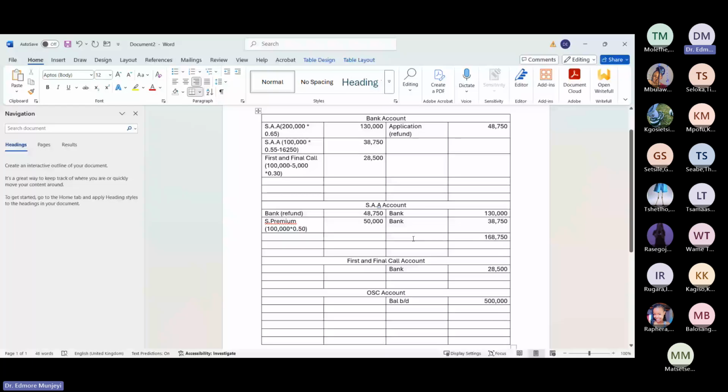Our balance is 70,000. That 70,000 of our balance is the one that goes to the ordinary share capital. So we say OSC is going to the ordinary share capital.